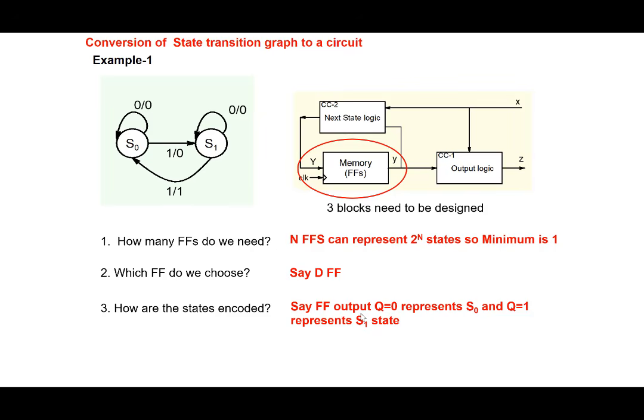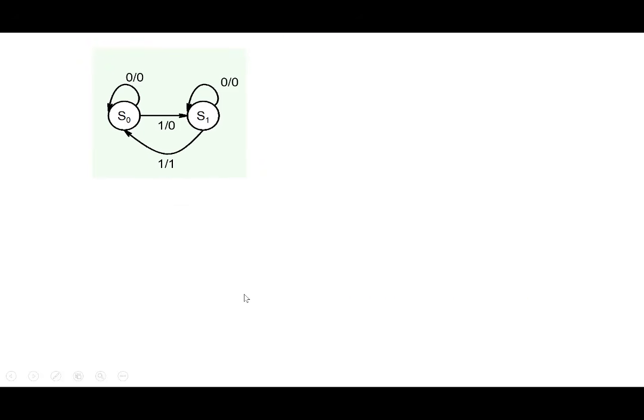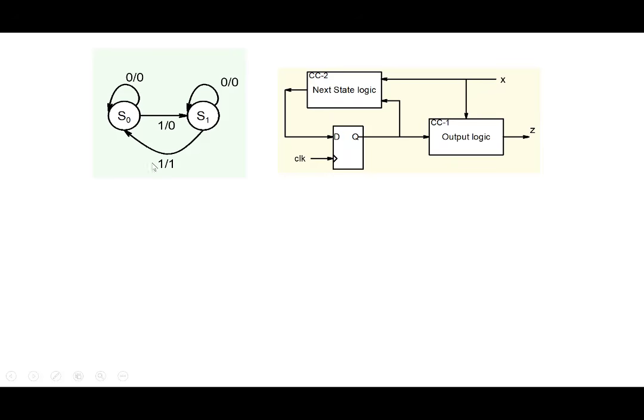The choice has some implication on the complexity of the circuit, but those are advanced topics and we'll not get into them. Right now you could use Q equal to 0 or Q equal to 1, anything to represent S0 and S1. So fine. We said that because there are two states, we require one flip-flop.